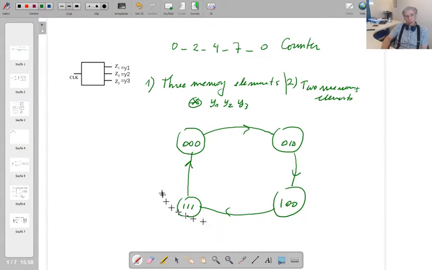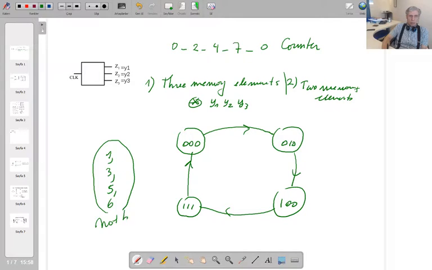So in this here, I have got 4 states. That means the other 4 states, what are they? 1, 3, 5, 6. These are the other 4 states not being used.